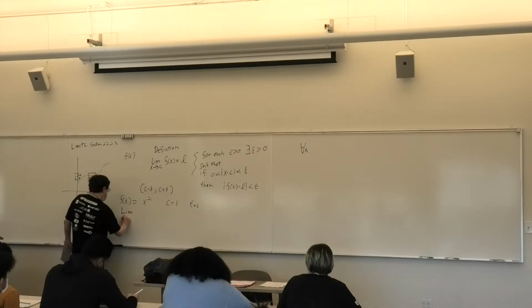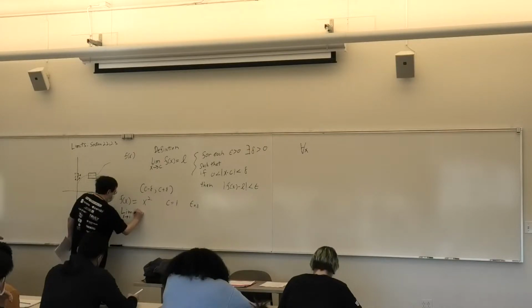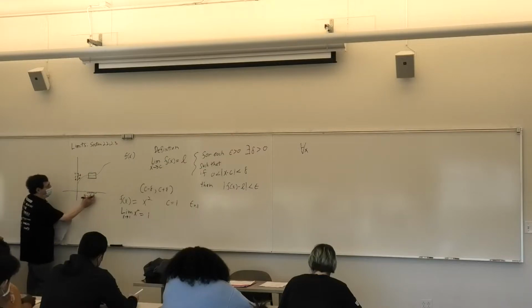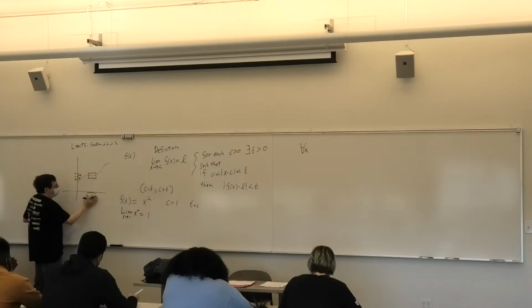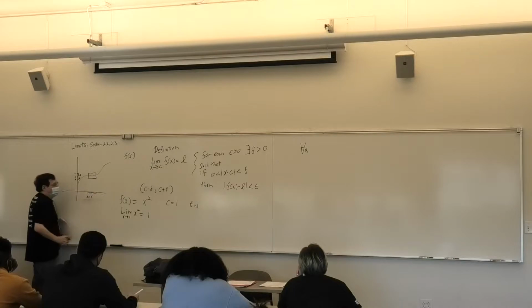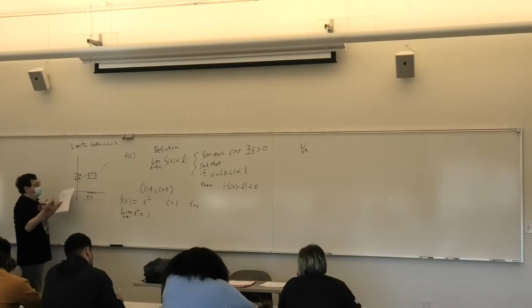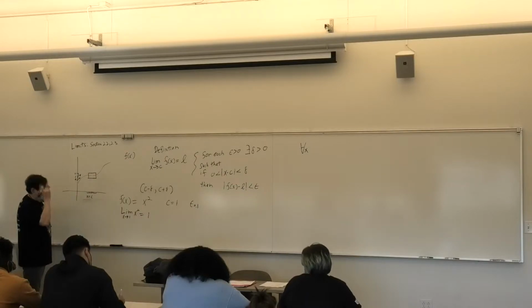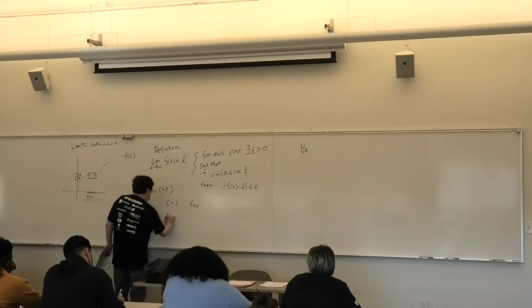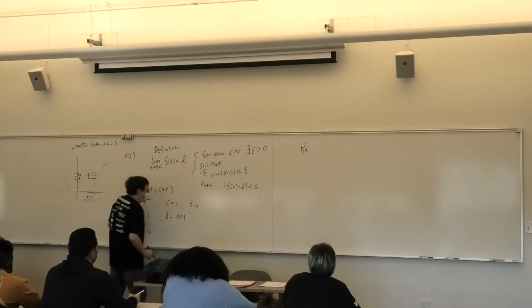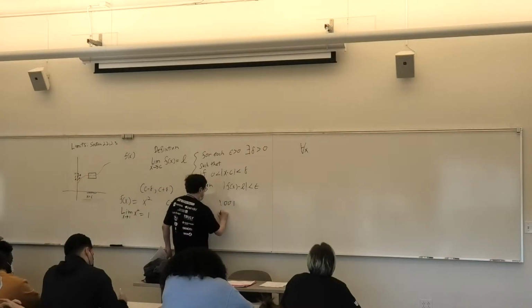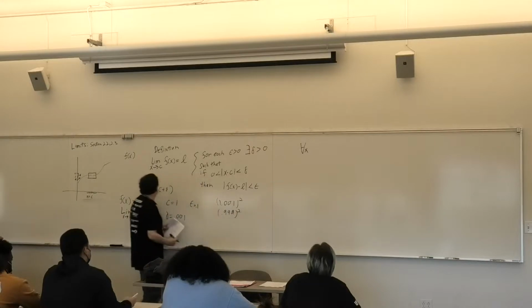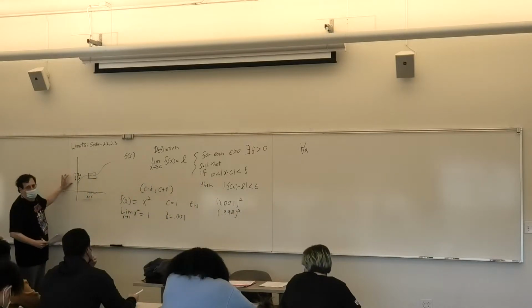So I want to say the limit as x approaches 1 of x squared equals 1. Right? So I want to squish my function values between here. Can I find a delta that does that? Well, you could just pick a really small number, right? If delta is like 0.001, I know that 1.001 or 0.999 squared is going to be between 1.1 and 0.9.